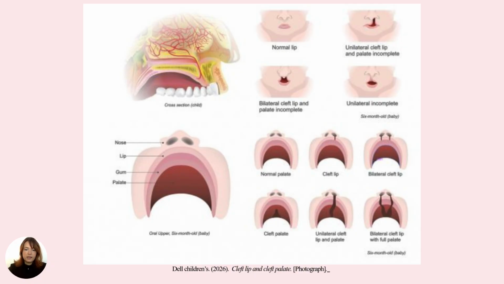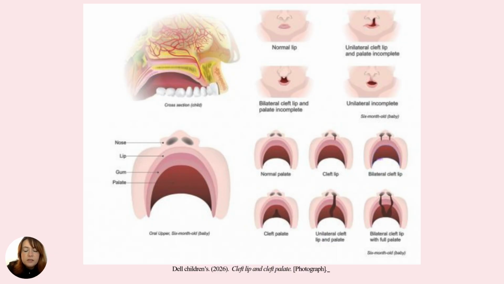So here is a cleft palate classification. Here we have the cross-section of the maxillary arch, and looking from the bottom up, we have the nose, the lip, the gums, and then the palate.